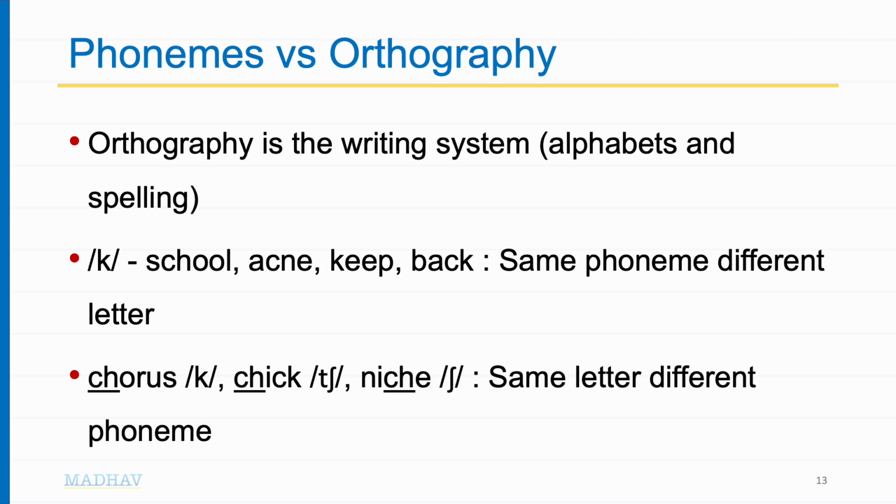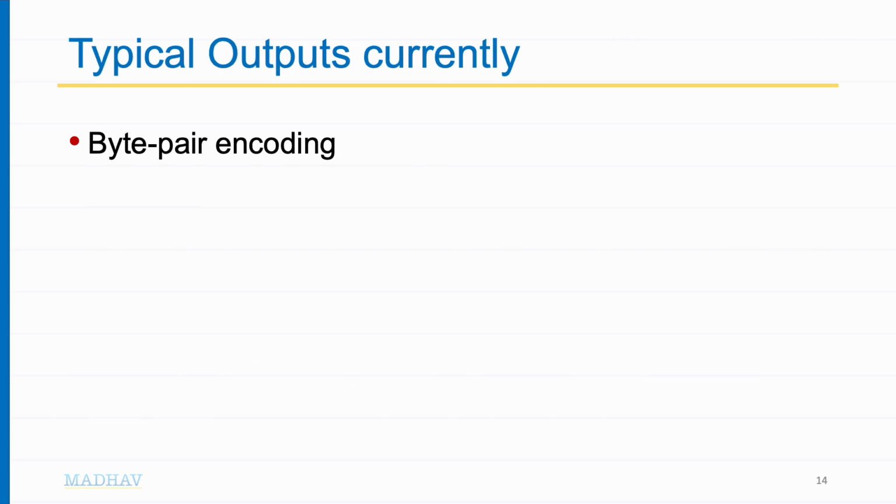So these are some of the problems of working with orthography or graphemes. But still we work with graphemes. Why? Because of scalability. Linguistically, we should go with phonemes or syllables, but for scalability, we stick to orthography.